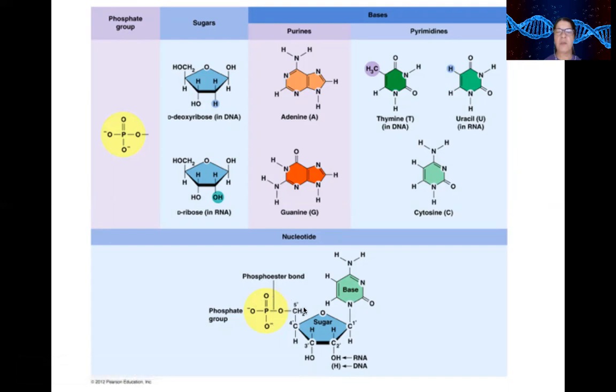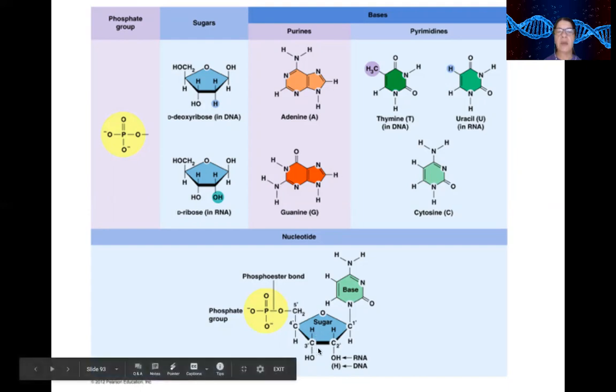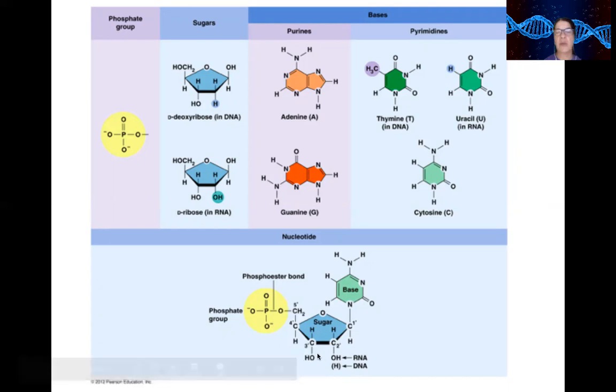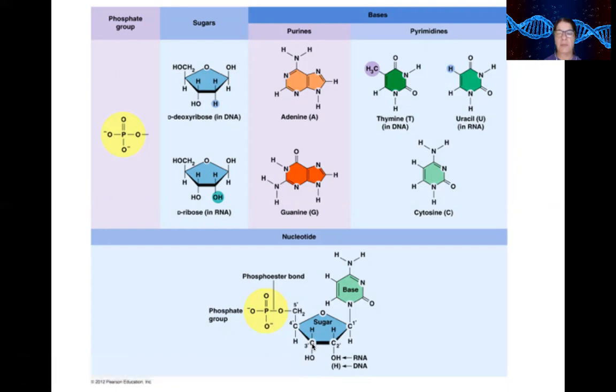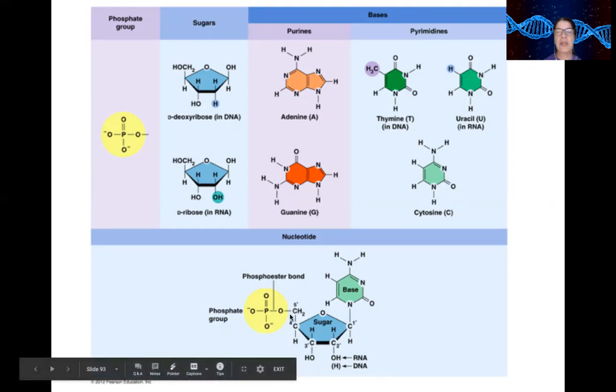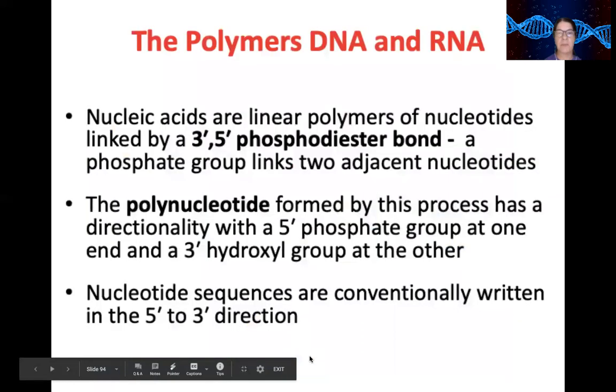So it's called the 5' end. On the other end of the molecule, you're going to have a hydroxyl group, which is free. It is not attached to anything. It's only linked to the 3rd carbon, so this is the 3' end. The reason we're talking about directionality is because this phosphate group is going to attach to this hydroxyl group of the next nucleotide.